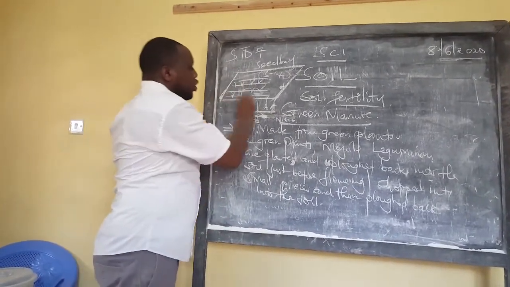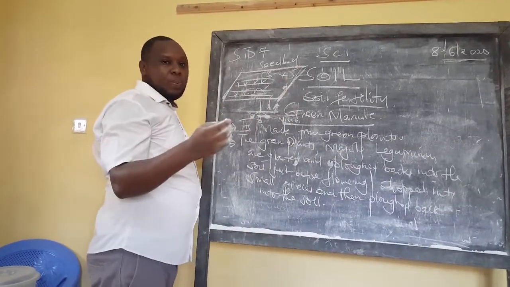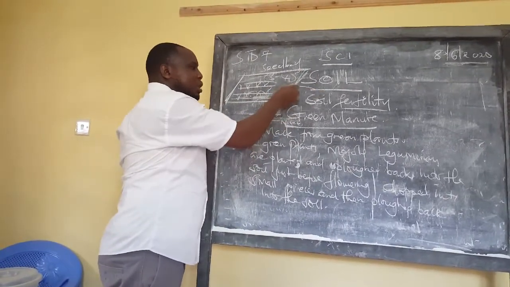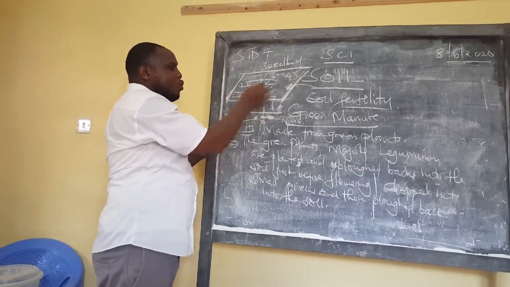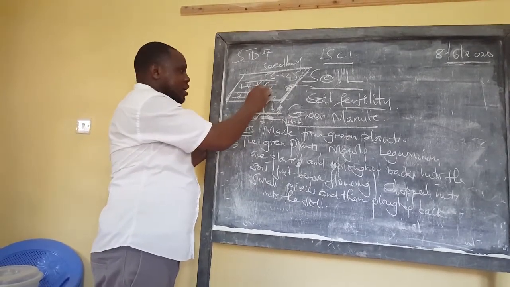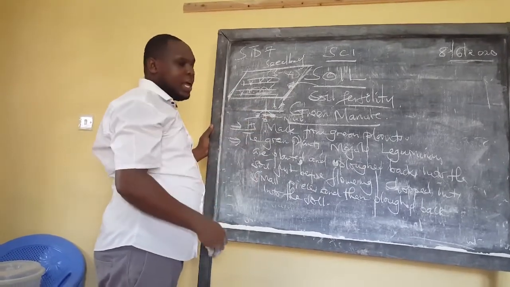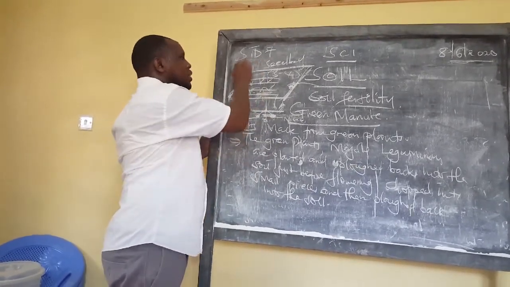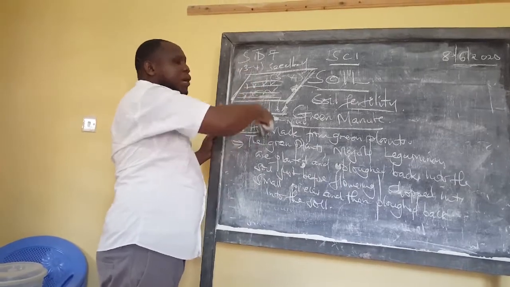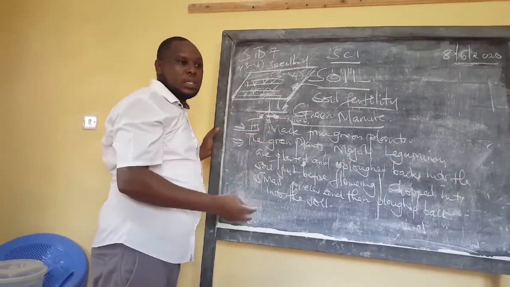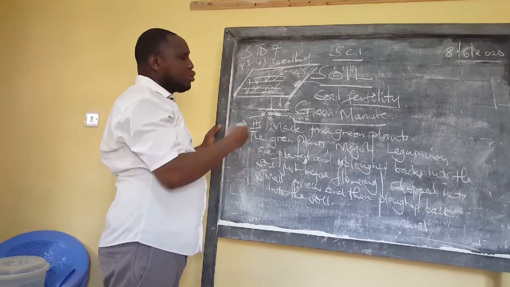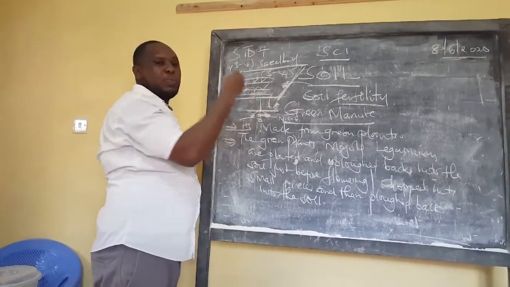So the crop you have planted here is not the main crop. The main crop will be the maize that you will plant after you have plowed back these plants. After plowing it back into the soil, you wait for 3 to 4 weeks so that the materials you plowed back can rot. After rotting, you bring out the main crop, which is the maize.